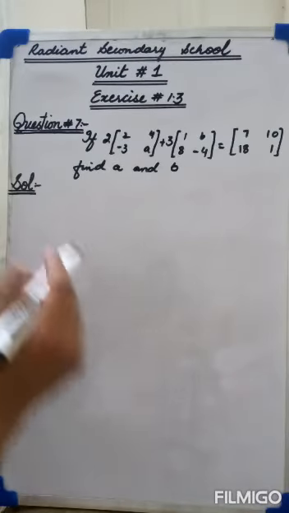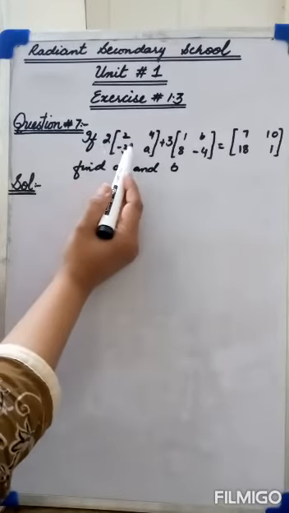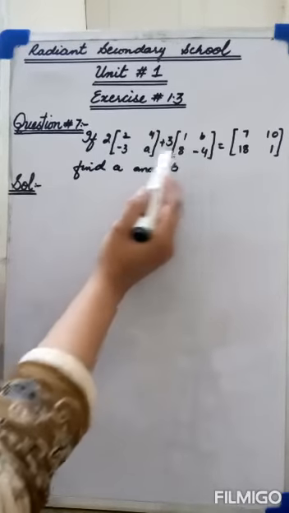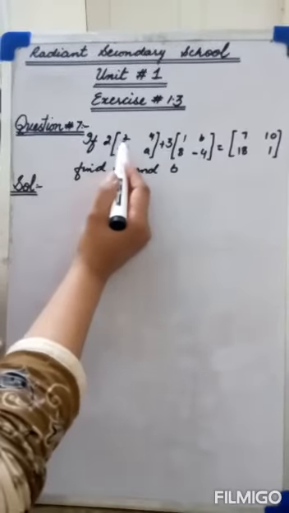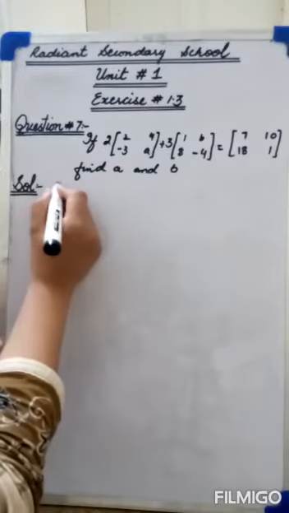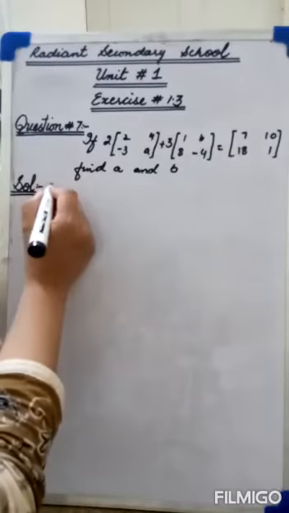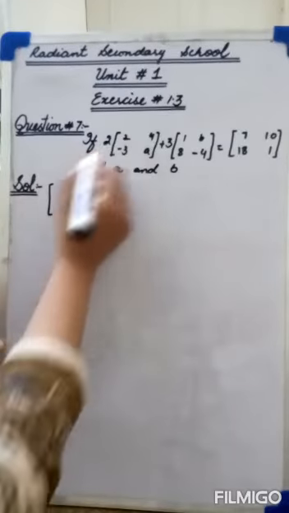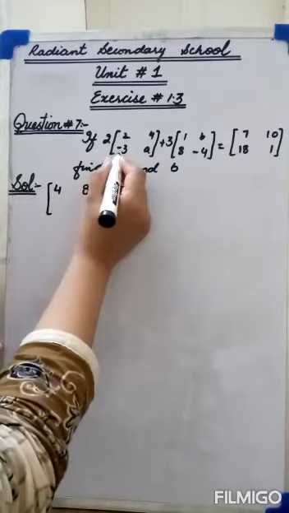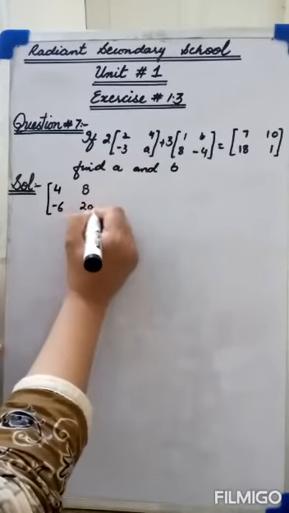Okay students, first of all we are going to solve this side. As you can see, this is 2 multiplying with this matrix plus 3 multiplying with this matrix. So we will multiply this 2 with each and every entry of this matrix. We will not put the sign of equality because there is already equality. So 2 times 2, the answer will be 4. 2 into 4 is 8. 2 into minus 3 is minus 6, and 2 into a is 2a.